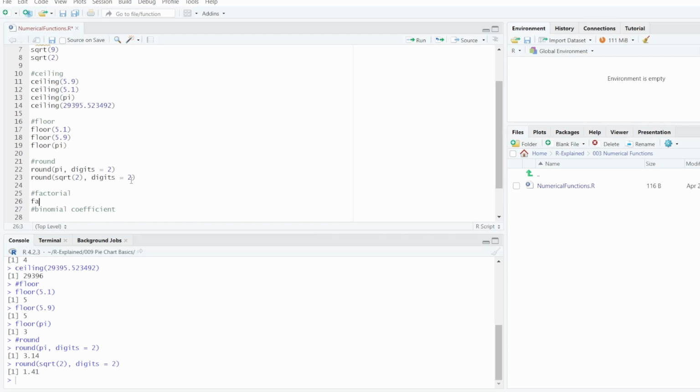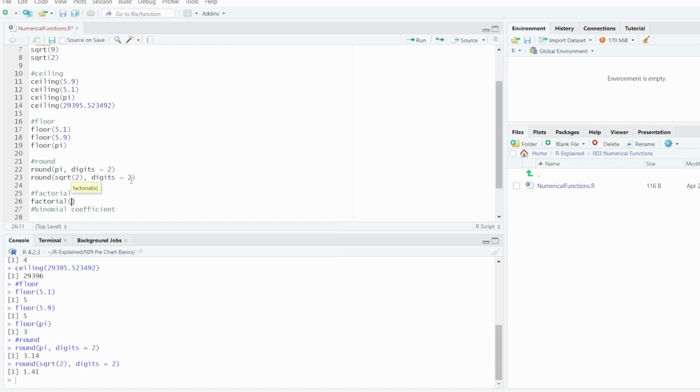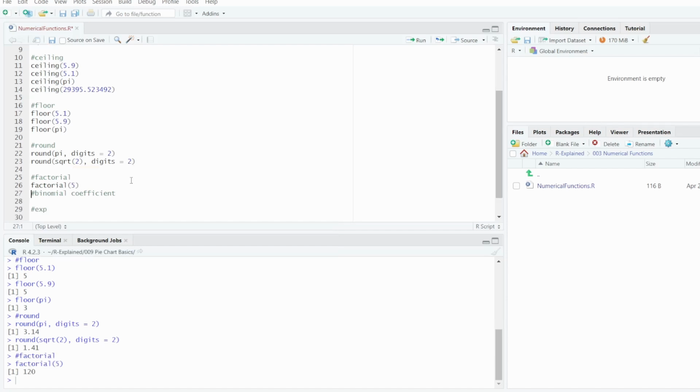Next we have the factorial function. So for example, the factorial of 5 is 120, and factorial basically means we multiply all natural numbers down to 1.